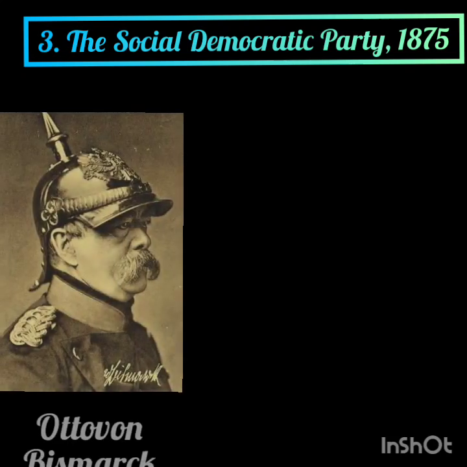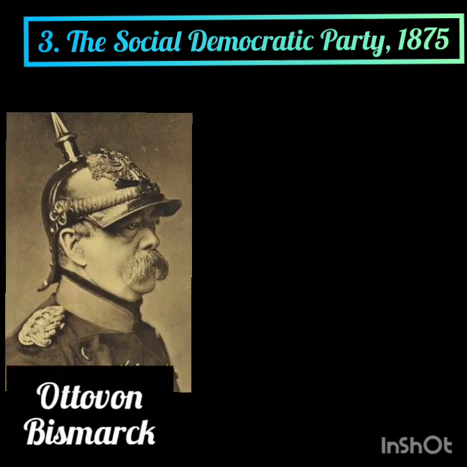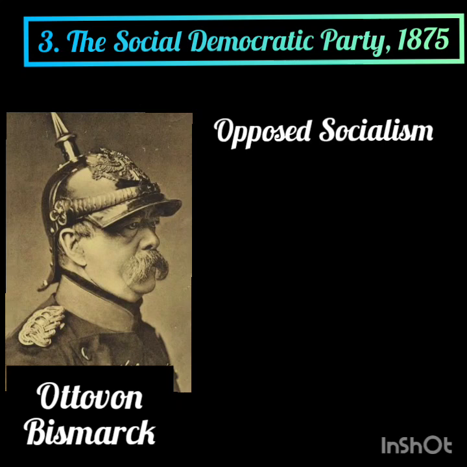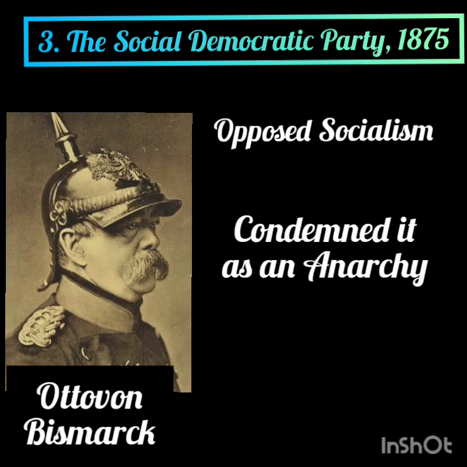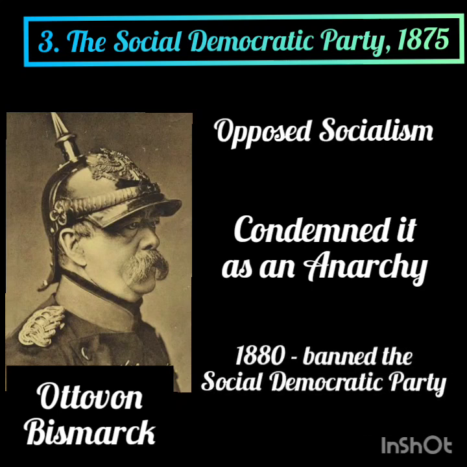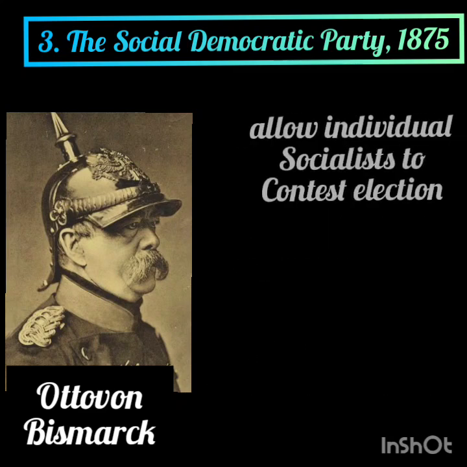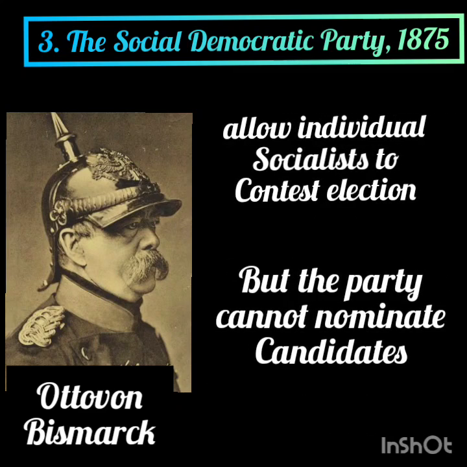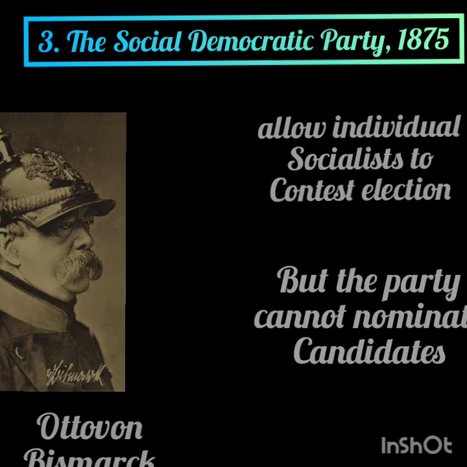However, the great Chancellor of the United German Empire, Otto von Bismarck, was opposed to socialism. He condemned socialism as anarchy. So, he banned the Social Democratic Party in 1880. However, he allowed individual socialists to contest in the parliamentary elections. But as a party, they were not allowed to put up candidates during an election.